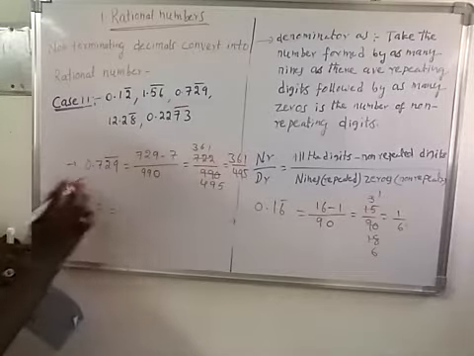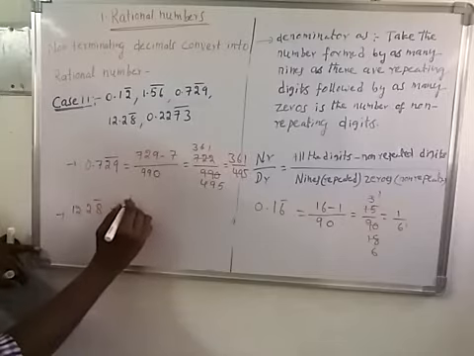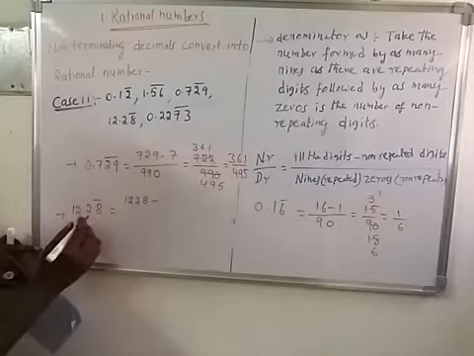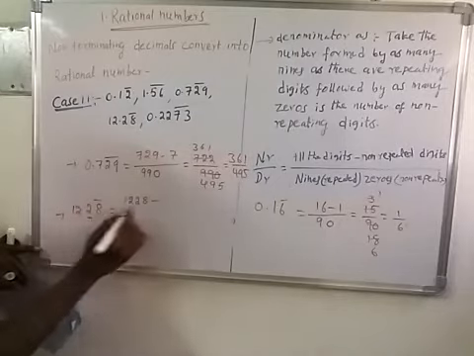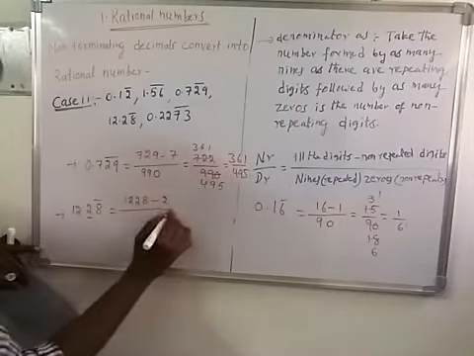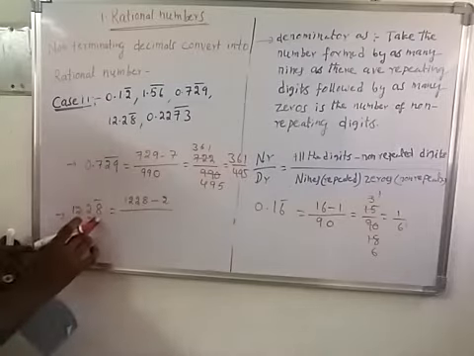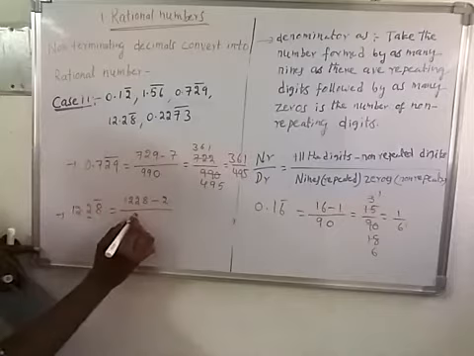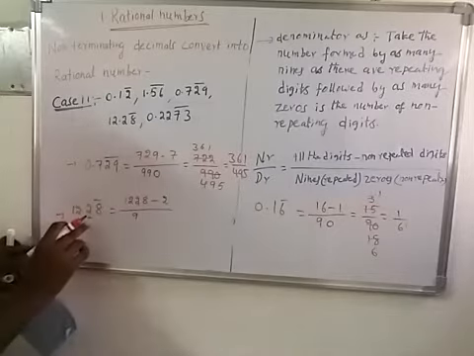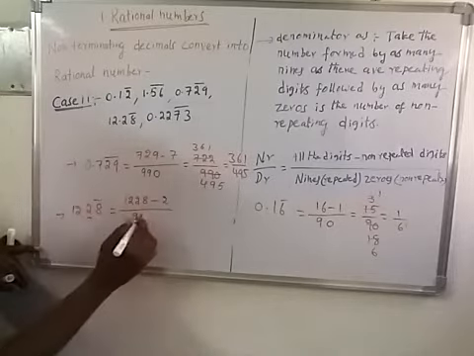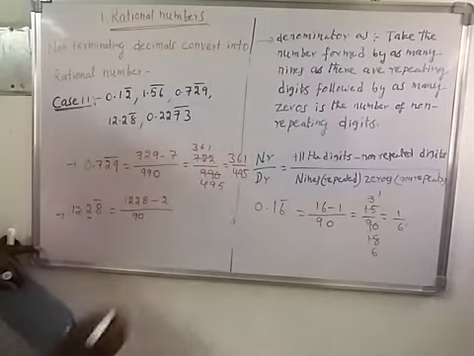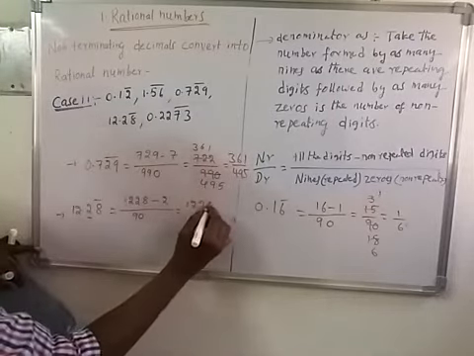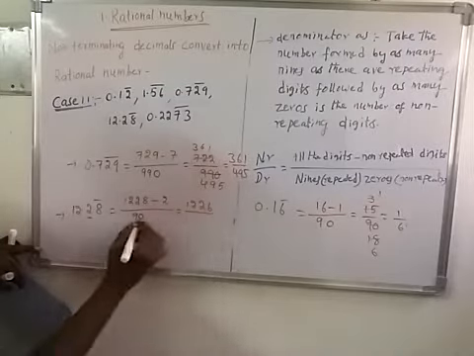Now first we write all digits, 1228, minus after the point non-repeating, 122, by repeated, how many? Only 1. We write 9, and non-repeated is 1, we write 0. That equals 1226 by 90.